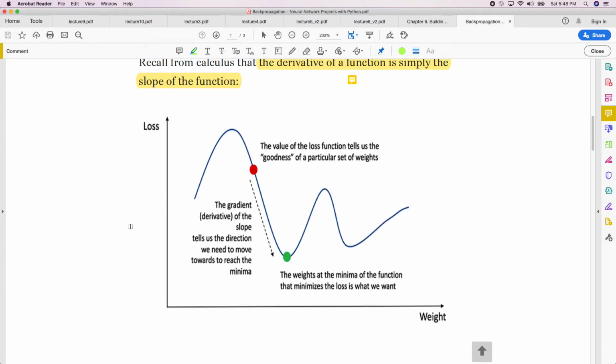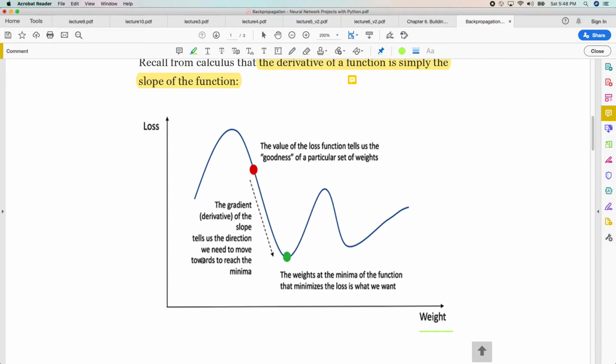For instance, if we look here, the derivative tells us the direction we need to move towards the minima, which is our goal, and this is where we are. By the time we take the slope of this, we move in the negative of the slope. The weight at the minima of the function minimizes the loss, and that is our goal.